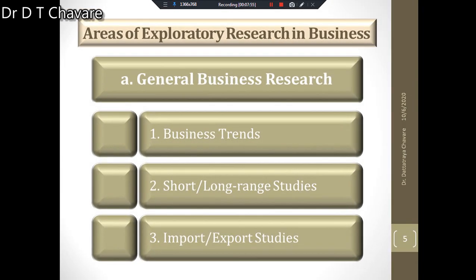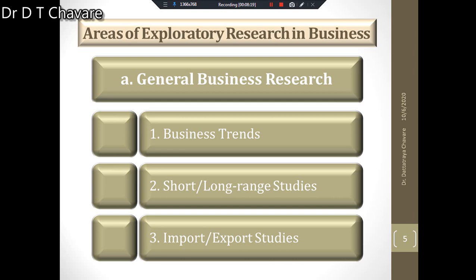Then, areas of exploratory research in business. What are the areas in which such exploratory research is conducted? There are some areas. Out of those, the first area is general business research. We have to understand general business research.